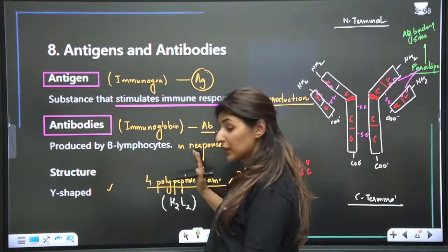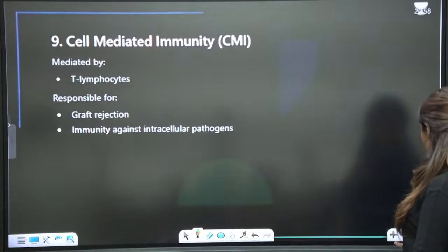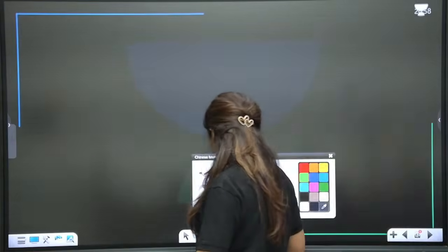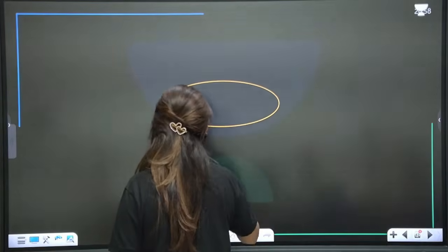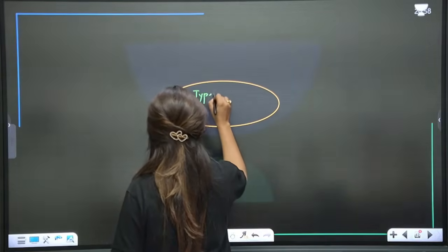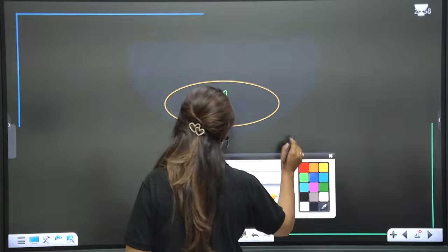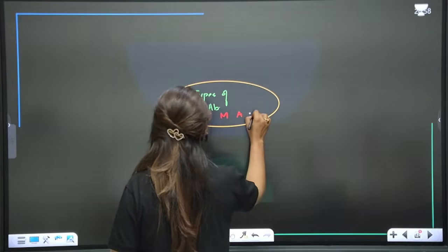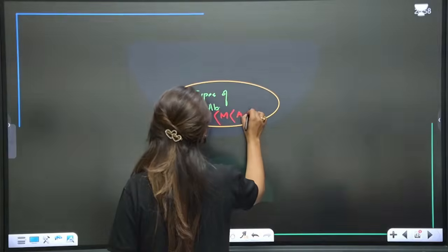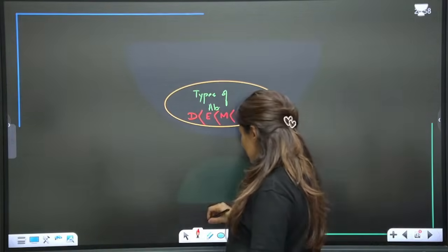These are the different types of heavy chains, and on that basis, guys, we have 5 different types of antibodies. Clear? So how do we remember them? In increasing order, Dimag: D, E, M, A, G. The maximum being G. Is that clear? So you have to remember that in increasing order.